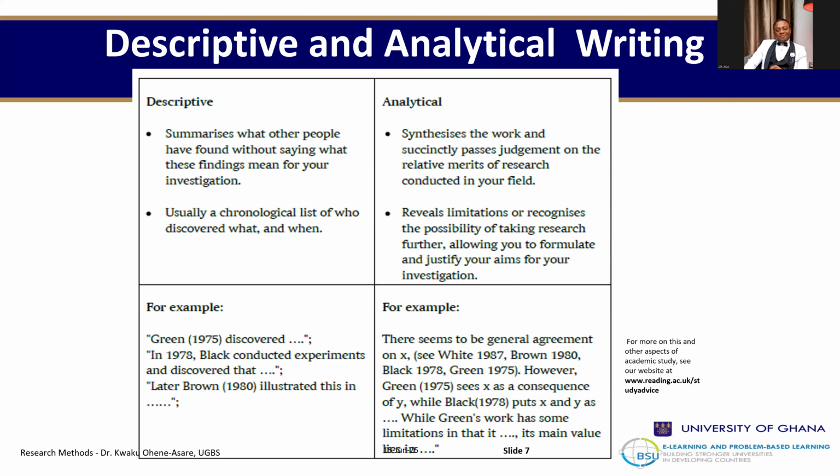Descriptive is summarizing what other people have found, and here's the mistake: without saying what these findings mean for your investigation. Your description usually has a chronological list of who discovered what and when they did that. Finish. Analytical will synthesize the work, precisely, briefly passing judgment on what they have done.